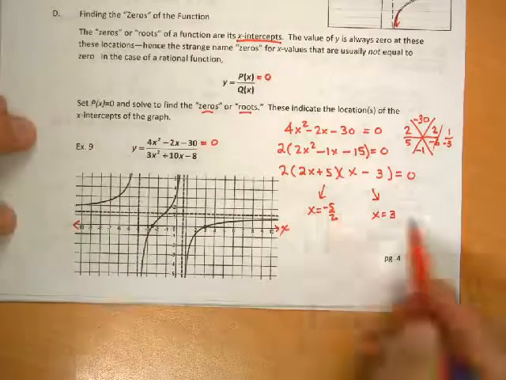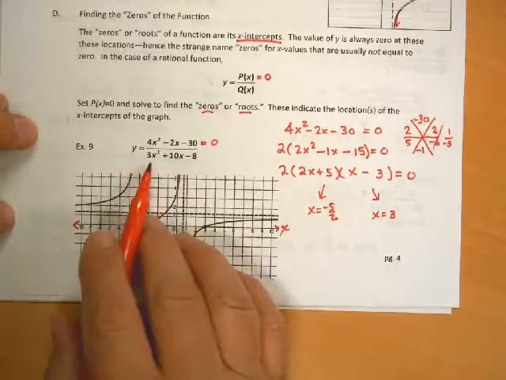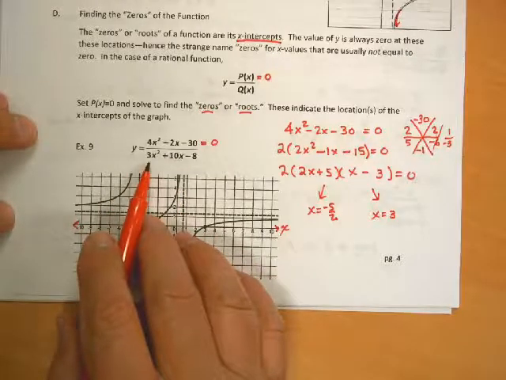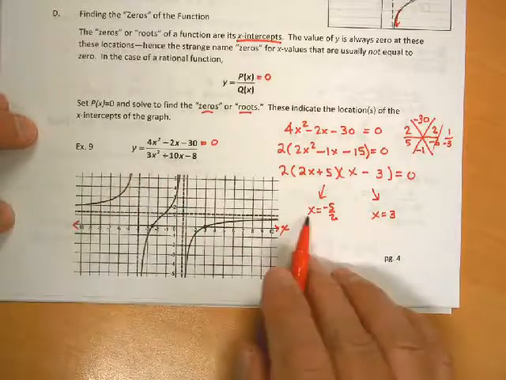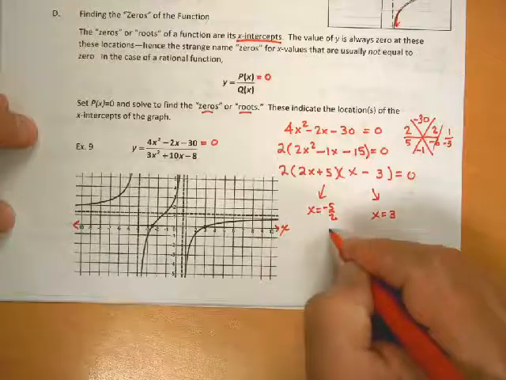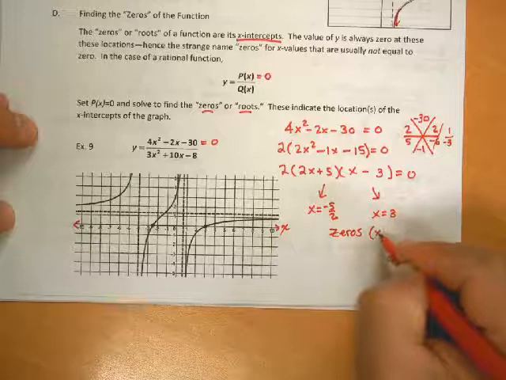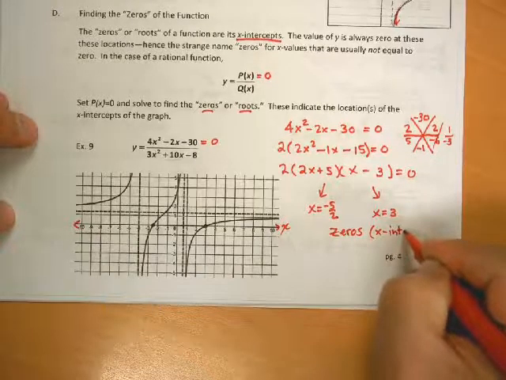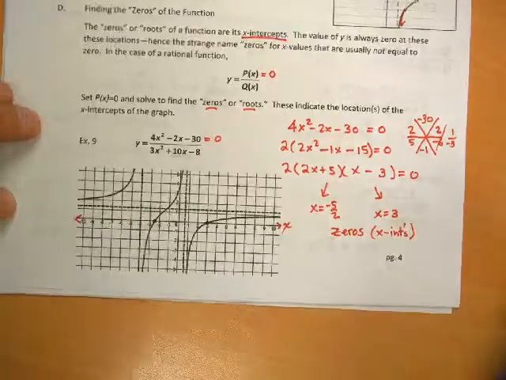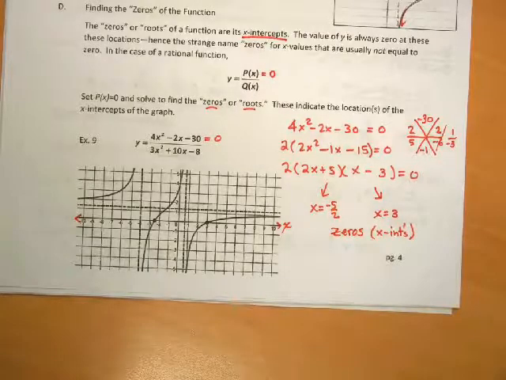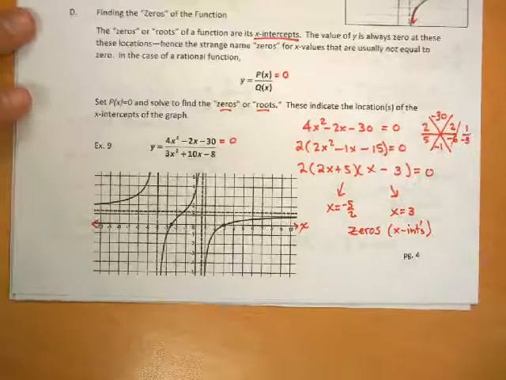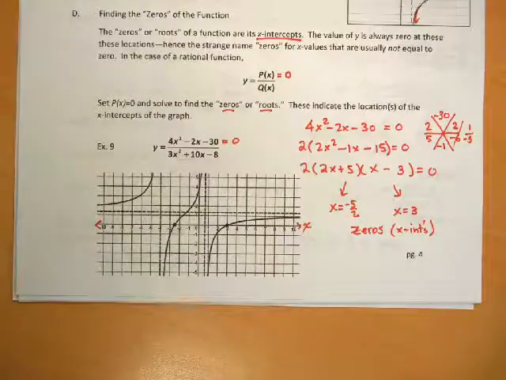Now if this were from the bottom, setting that equal to 0, I would call these points of discontinuity, but they're not here. They're zeros, or x-intercepts. So to make this simple, you set the top equal to 0 and solve, and you'll find the places where the graph crosses the x-axis. All right, we'll pick this up on the next page, page 5.